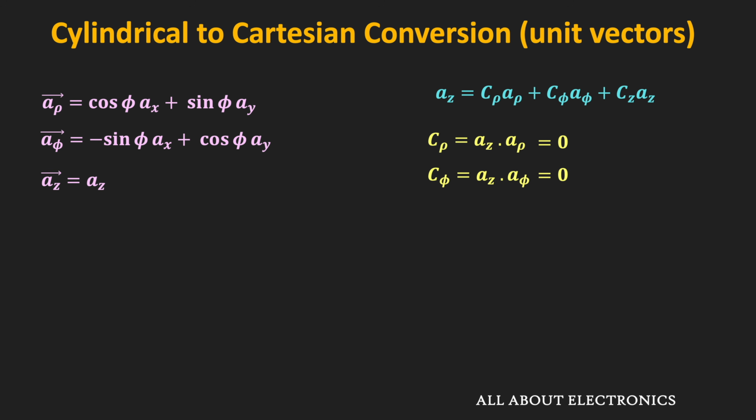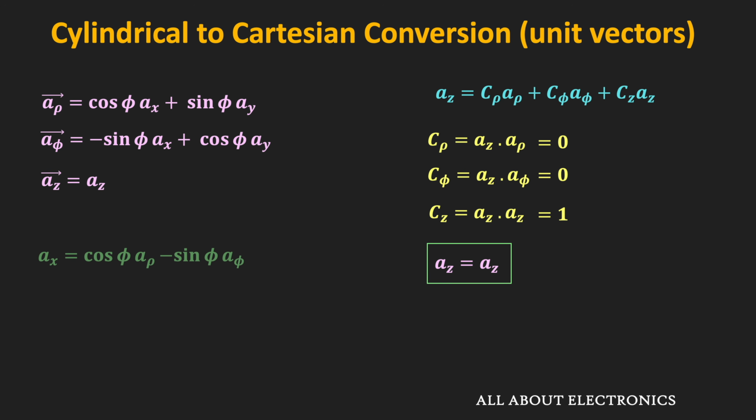And then, if we see this cz, that is equal to az dot az, and as you know, that is equal to 1. That means in this case, az will be equal to az, and that is the expected result, right? So in this way, we got the Cartesian unit vectors in terms of the cylindrical unit vectors.